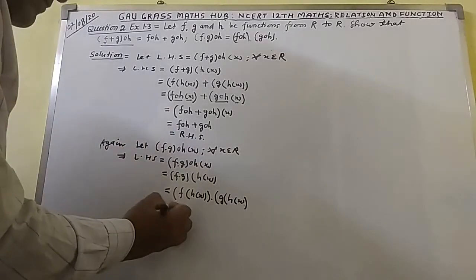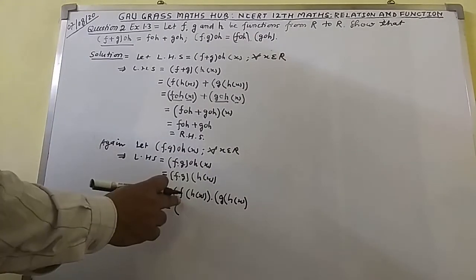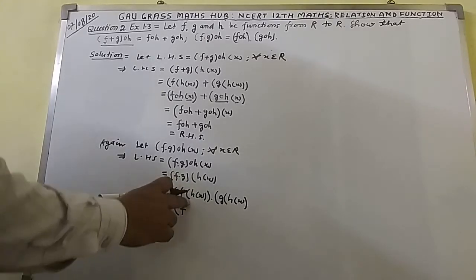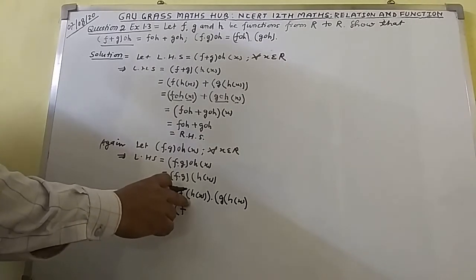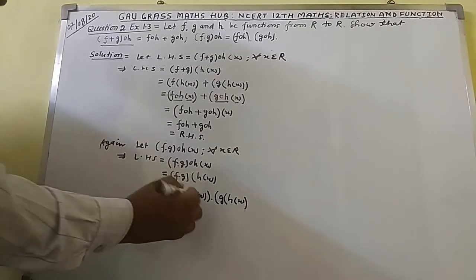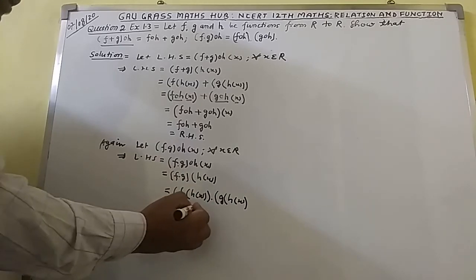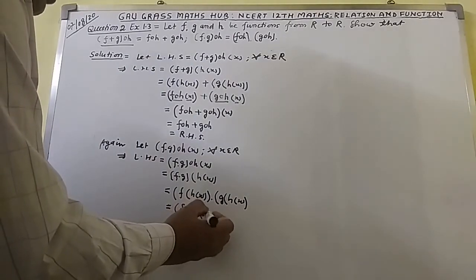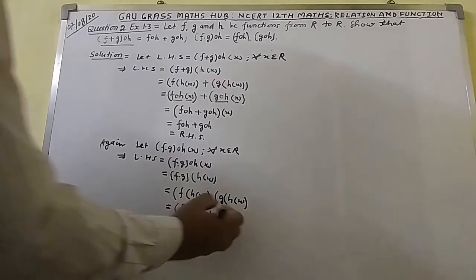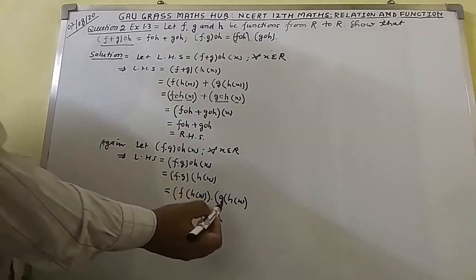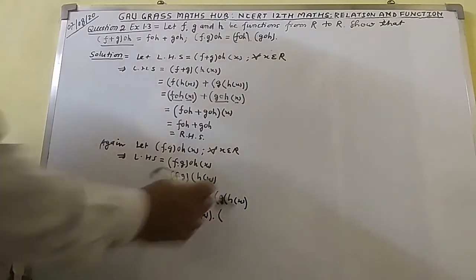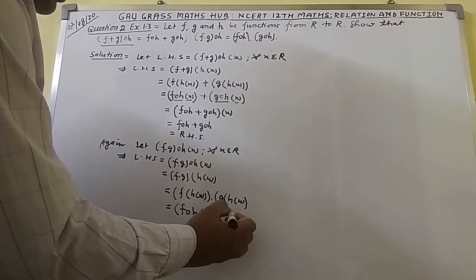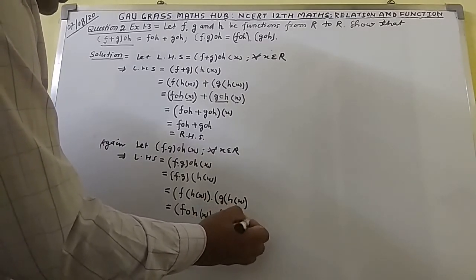So here you can write f, and the half circle bracket will be converted into small o, then h of x, bracket close, dot. In the next bracket, the half circle bracket will be converted into small o, so g o h of x.